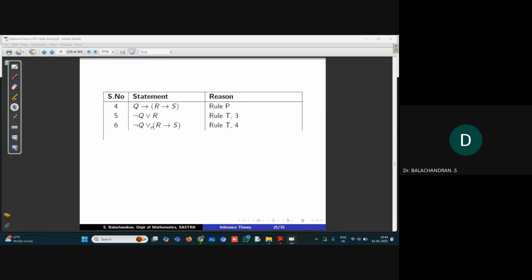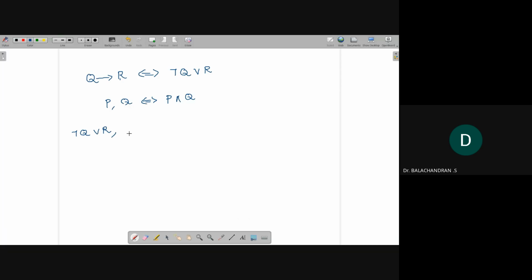Q is negation Q R, R implies S. So this is P, this is Q.